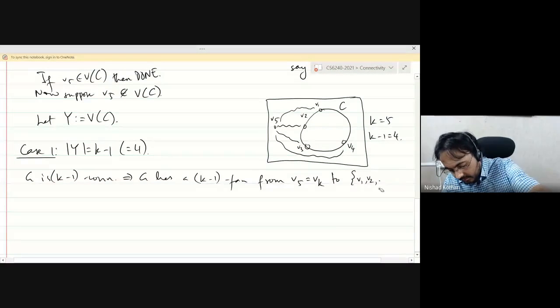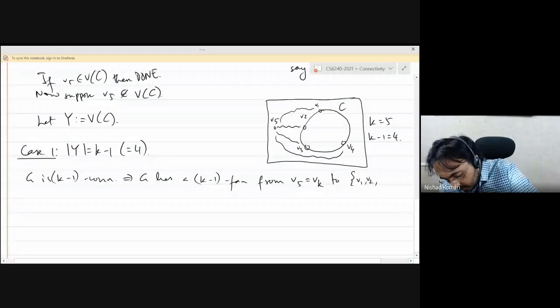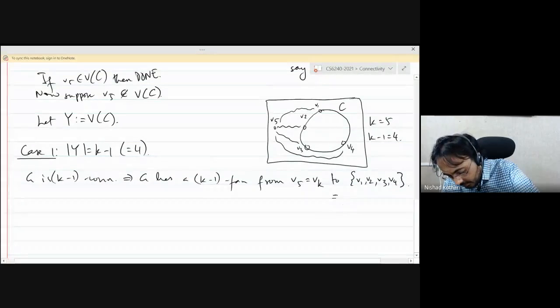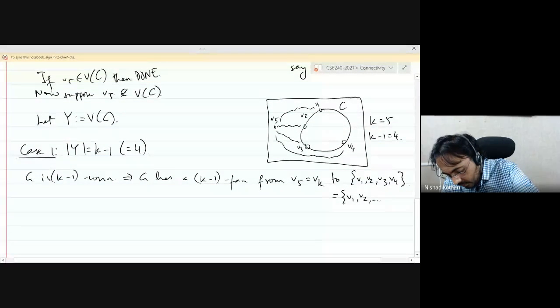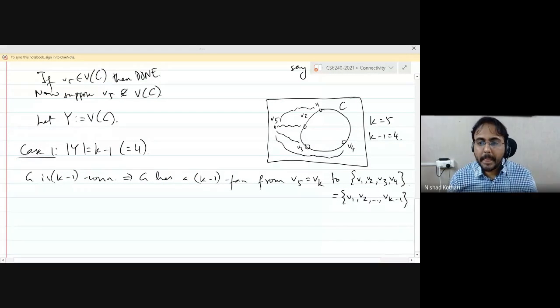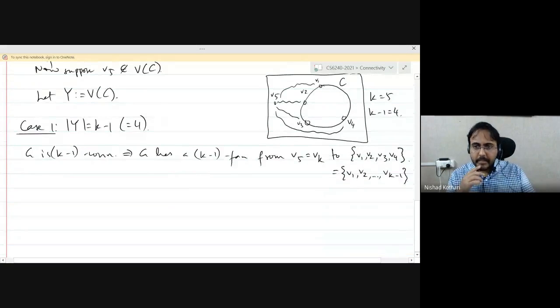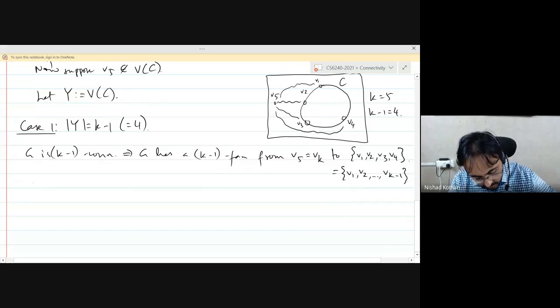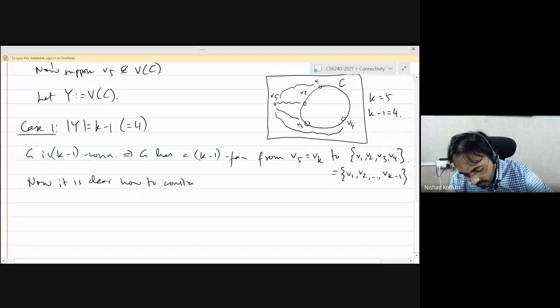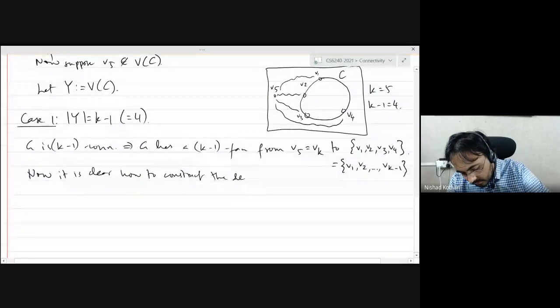But in this case, it is just V1 to V4, right? And in the general proof, it would be V1 up to Vk minus 1, right? And now it's clear that we can use this fan. Now it is clear how to construct the desired cycle.